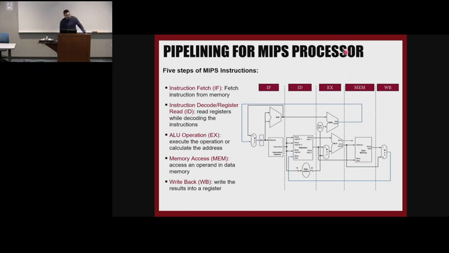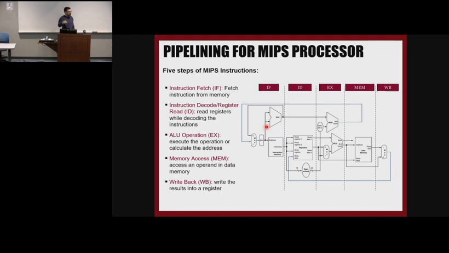So the first step is the instruction fetch. In the instruction fetch step, we send the PC to the instruction memory and read the instruction from the memory. At the same time, we do PC plus 4, which is what we did to go to the next instruction in the instruction memory.